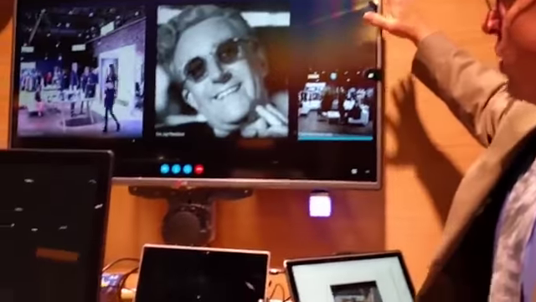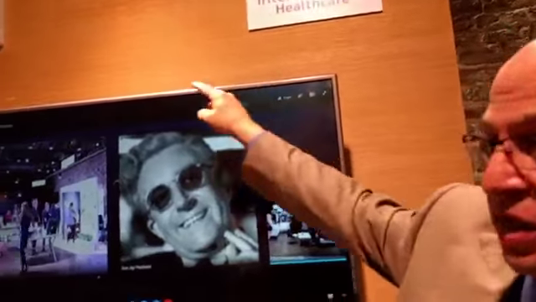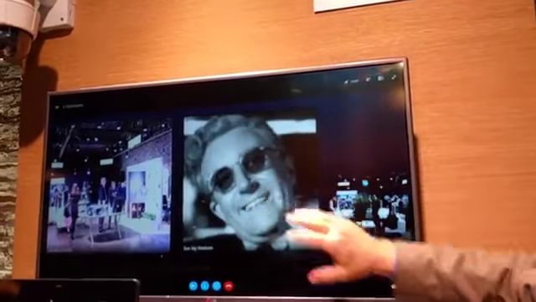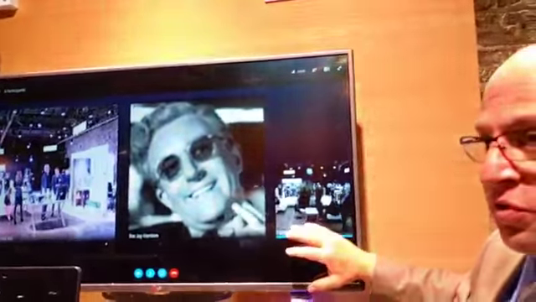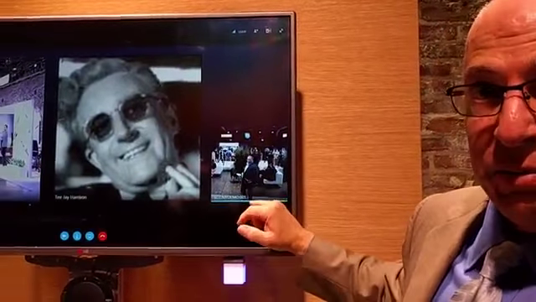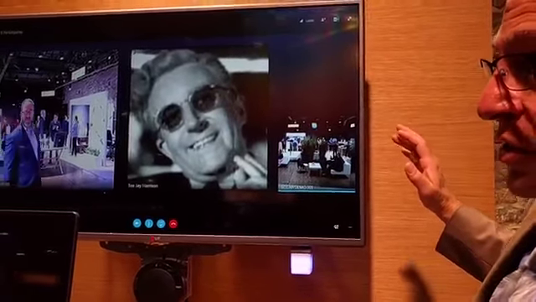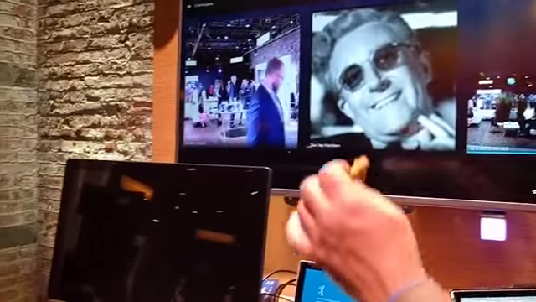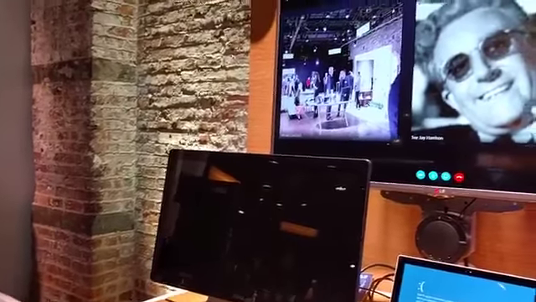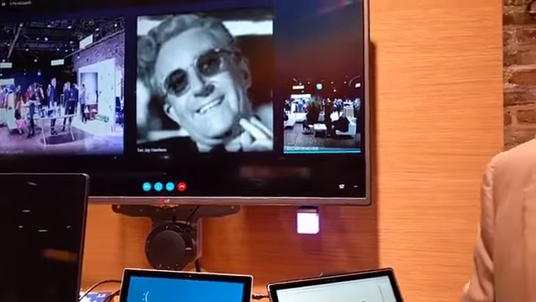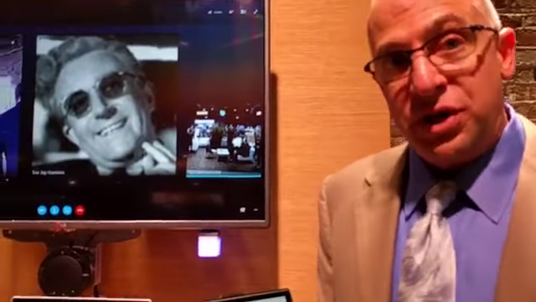In the room, what they see is me largely filling the screen and a little picture-in-picture of what I'm looking at in the room. Conversely, I've got a 6-monitor workstation. On one of those monitors, I see them filling the screen, and a little picture-in-picture of me to remind myself of where it is that I'm looking.